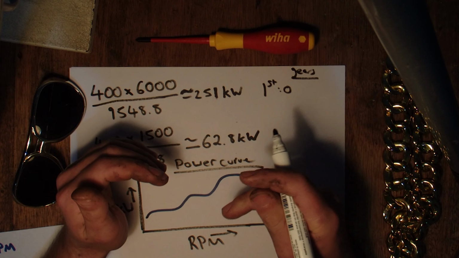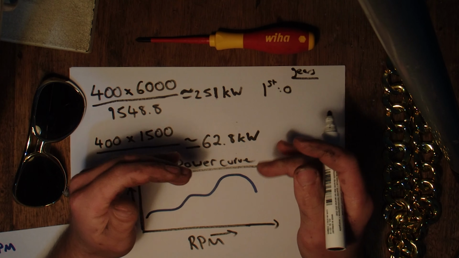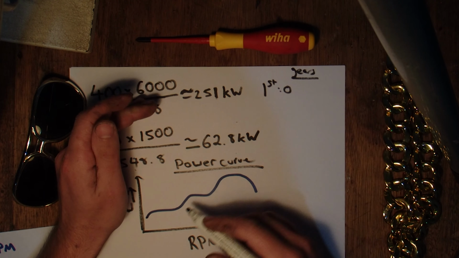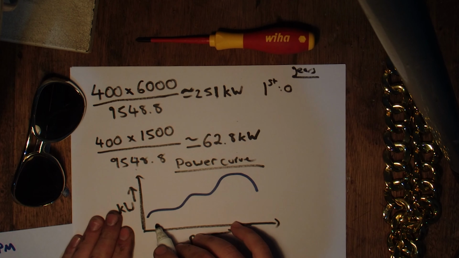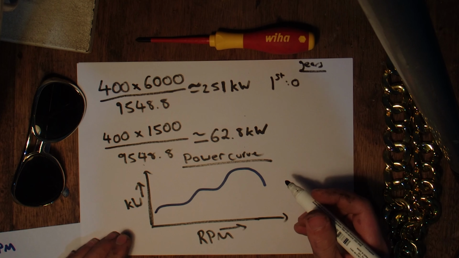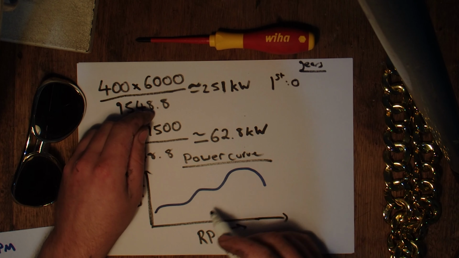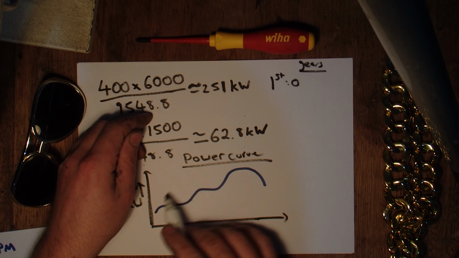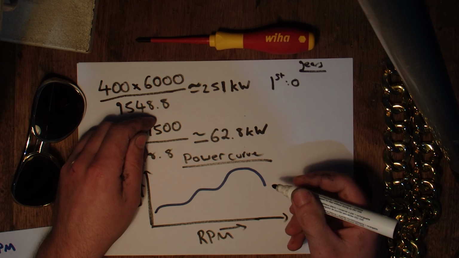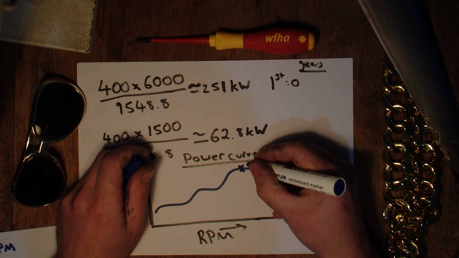There's some slippage in the clutch, and if you have an auto transmission, there's slipping in the torque converter and that sort of thing, but effectively you're starting off at 0 RPM. So you're starting right down the bottom of this chart, right down the back here. And in first gear, you're going to have to be dragging yourself up. So you're going to want a fairly quick first gear so that you're not having to lug around in this low section before you really get into the power. So 0, and let's say this peak here is 251.